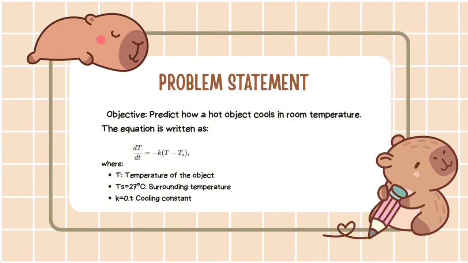So, the equation is written as dT over dt equals negative k times (T minus Ts), where T is the temperature of an object, Ts is 27 degrees Celsius, which is the surrounding temperature, and k equals 0.1, the cooling constant.